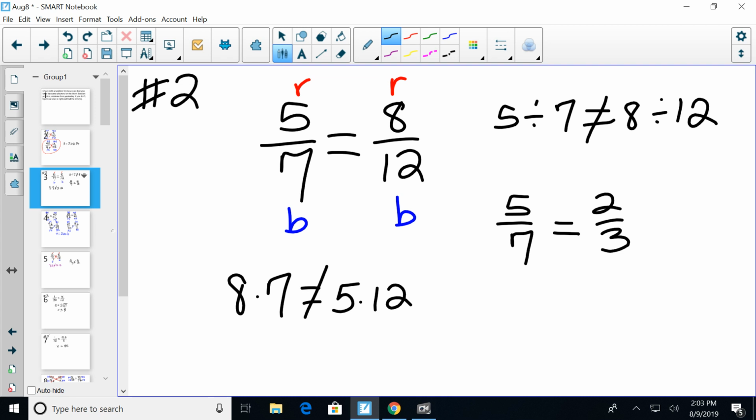No. So those were the 3 ways that you could approach the problem. Divide the ratios, cross multiply, or simplify what can be simplified. All right, any questions on that part?